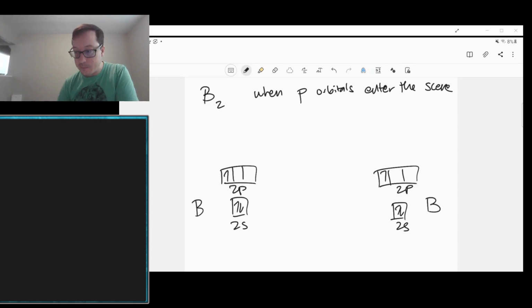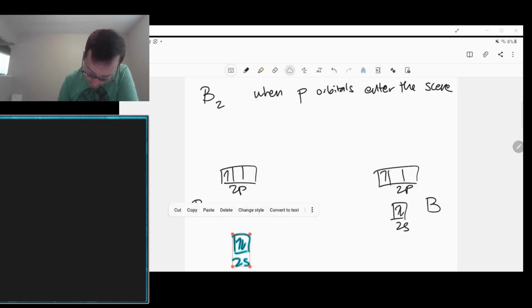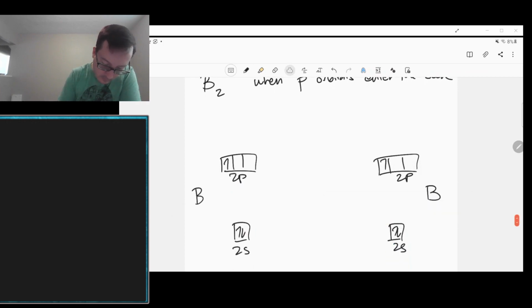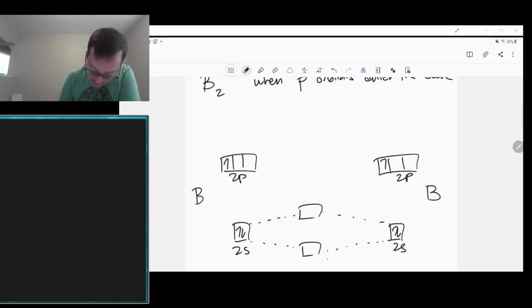When we actually put these together, I again should have separated them more. Bring them closer and closer together, but suffice it to say there is a sizable energy gap here.